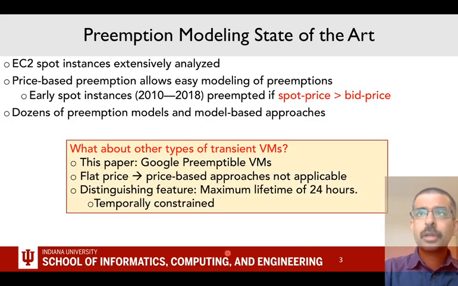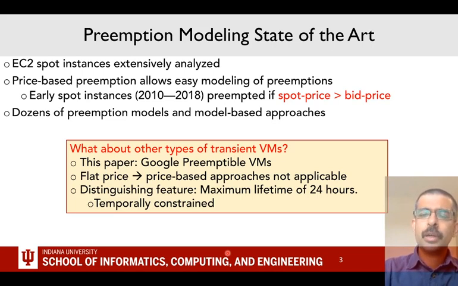This work is not about EC2 spot instances. Instead, we ask the question, what about the preemption characteristics of other types of transient VMs? In particular, we focus on Google's preemptible VMs. These preemptible VMs have two interesting features. First, they have a flat price, so the price-based approaches are not applicable.